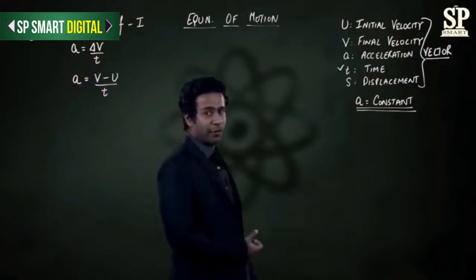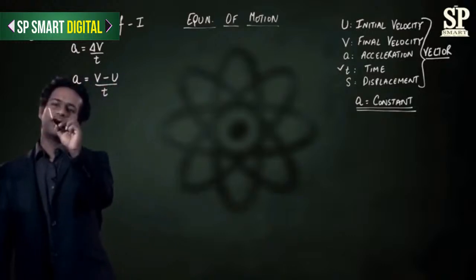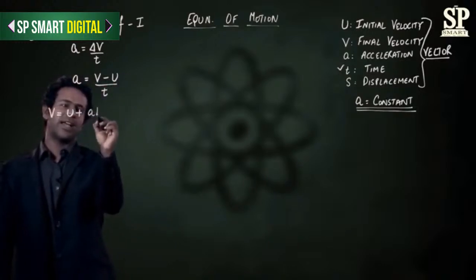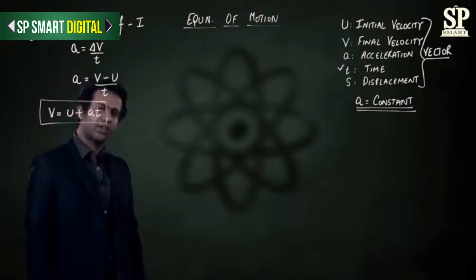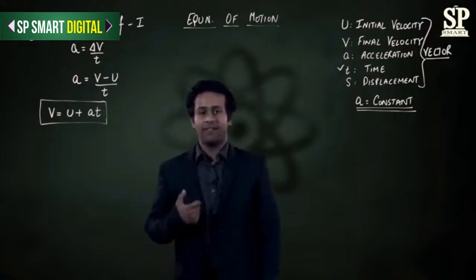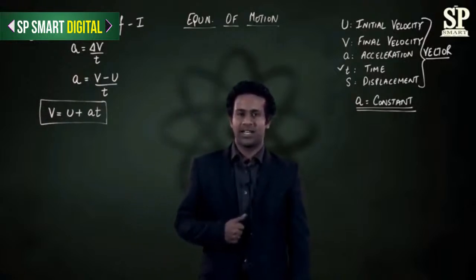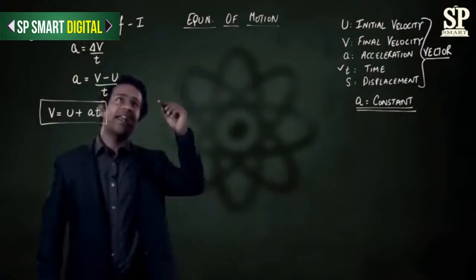If you rearrange this equation, you get the first equation, which is v is equal to u plus at. This equation relates initial and final velocity through acceleration and time. Let's now come to the second equation.